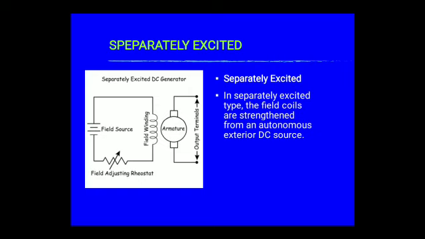So what is the function of this field adjusting rheostat? It just increases or reduces the field current, and then the field excitation is increased or reduced. And there is an armature, and the armature is connected to the output terminals or the external load.